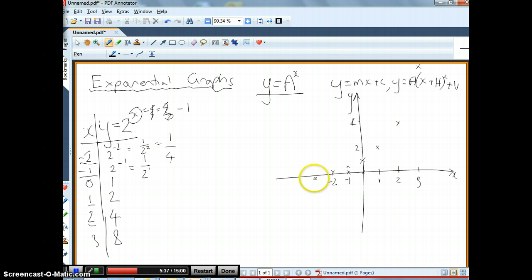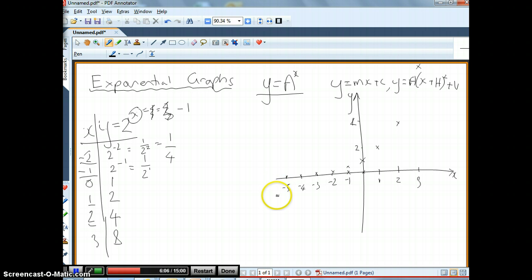At negative 3, what do you think we're going to have? Close. Not 1/6, but 1/8. At negative 4, we're going to have 1/16. At negative 5, we're going to have 1/32.